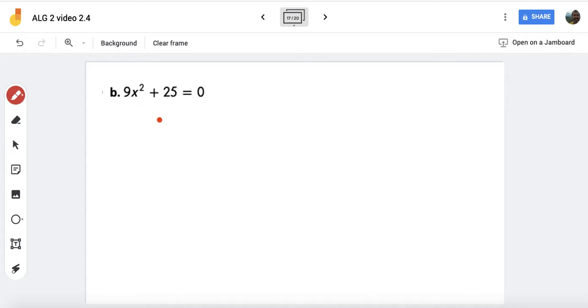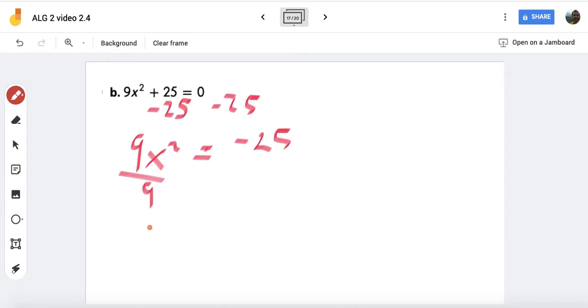Go ahead and click pause if you want to give it a shot. I'm going to subtract 25. And then I'm going to have 9x squared equals negative 25. And then I'm going to divide both sides by 9.